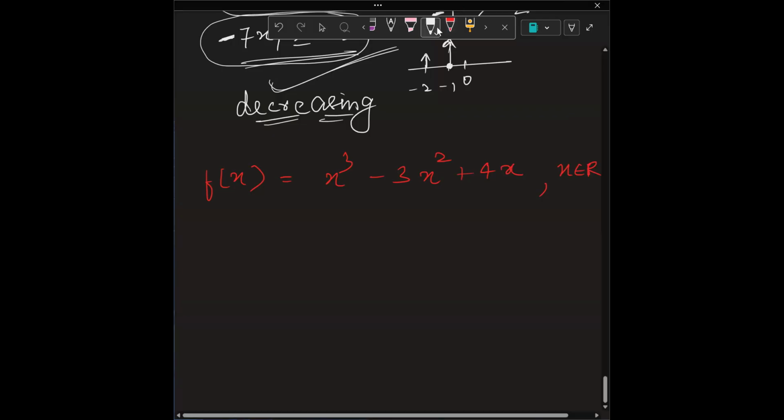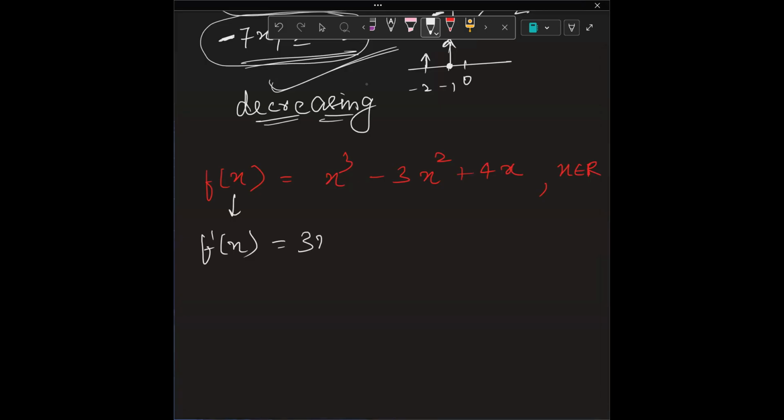So if I want to find which function this is, increasing or decreasing, I will just differentiate this. So after differentiating it, I am getting 3x square minus 6x plus 4.